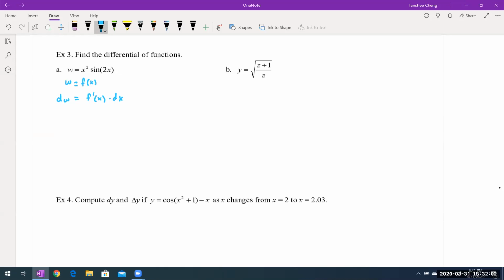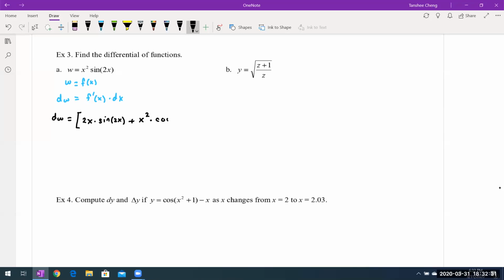Okay. So now what's going to happen is when we follow that, this will become dw, which is equal to taking the derivative of this product, which is going to be 2x times sine of 2x plus, now taking the derivative of the second factor, which I need to use the chain rule.